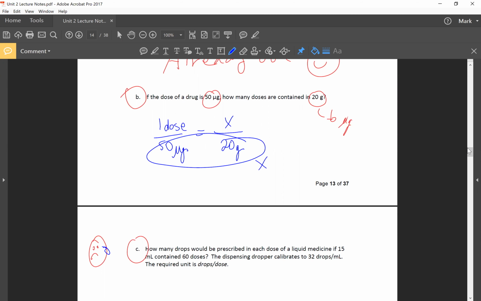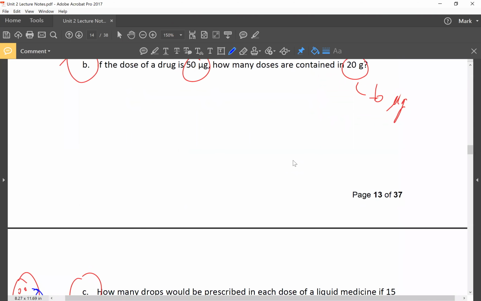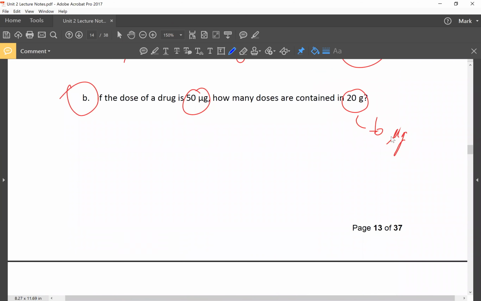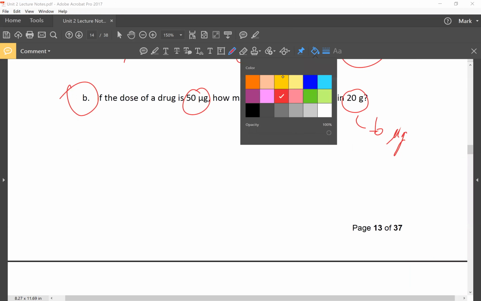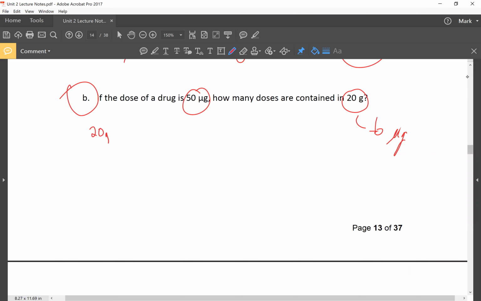I need to make sure I'm using the same units here. So before I even get started, I'm going to convert 20 grams to micrograms. You could go the other way as well, but I'm just going to go 20 grams to micrograms. So back to red, 20 grams.